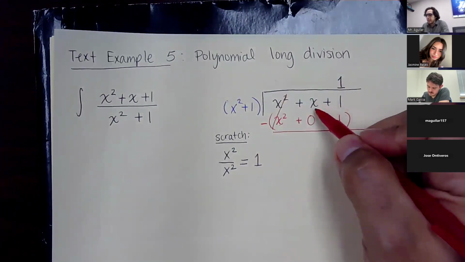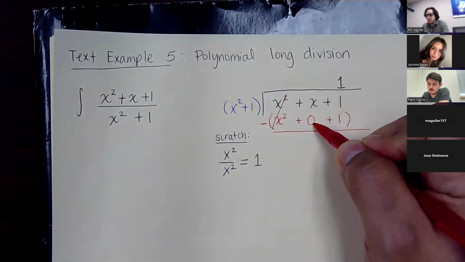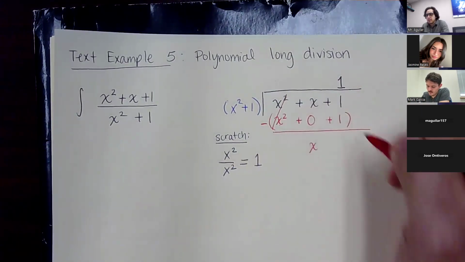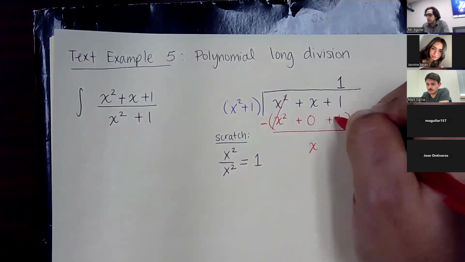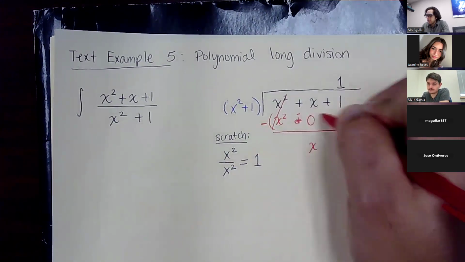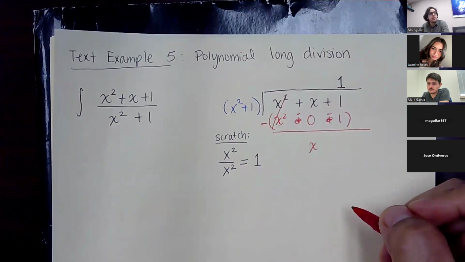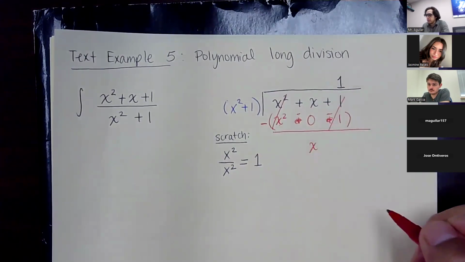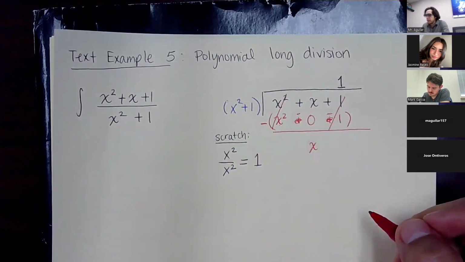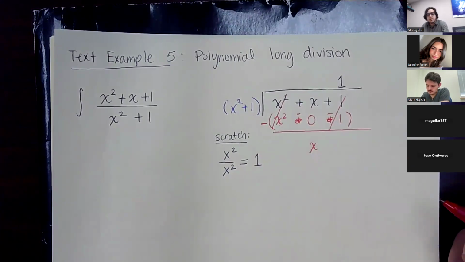We're going to have x minus 0, but that's just going to be x. And then we're going to have 1 minus 1. So if you want, you can change the signs here if it makes it a little bit clearer to you. And that's just going to be 0, so we can just cross those out. Not the greatest example in the world.